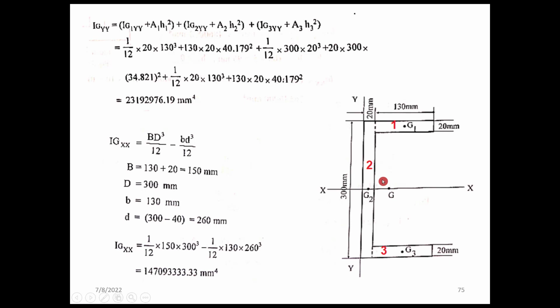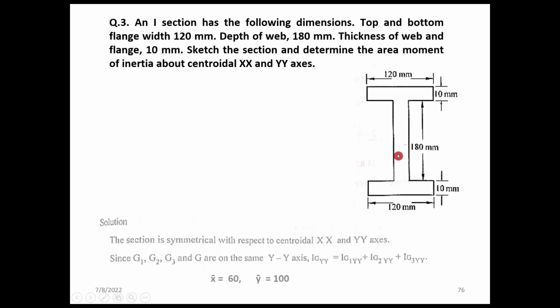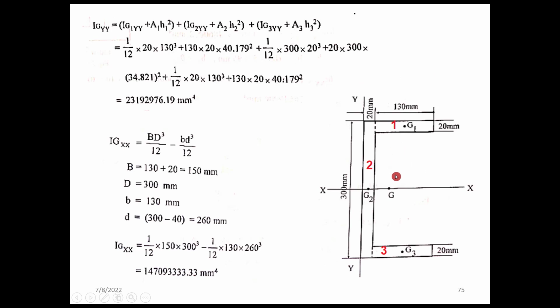And now there is a positive thing for us. The problem is on IGYY, the moment of inertia with respect to the YY axis. We're taking this axis passing through G vertically and horizontally.